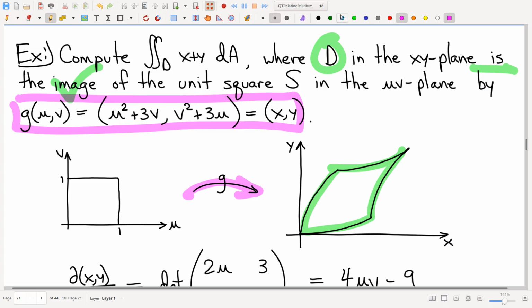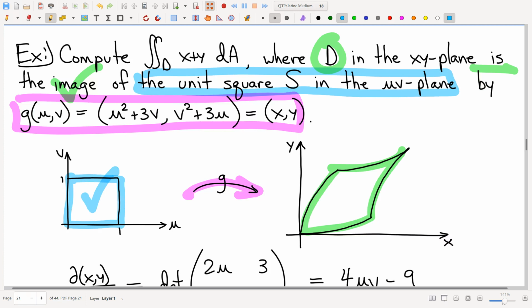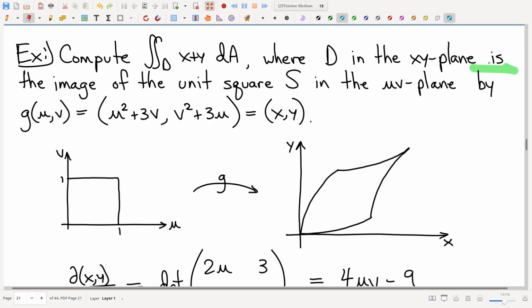We are given what the pullback domain is. It's just the unit square. So all we've got to do is use the formula on the previous page, stick in our stretching factor, and I can take this nasty green integral and rewrite it as an integral over the unit square, which is about the easiest domain you're ever going to get. Does that make sense to everybody? Okay. It's all details from here.